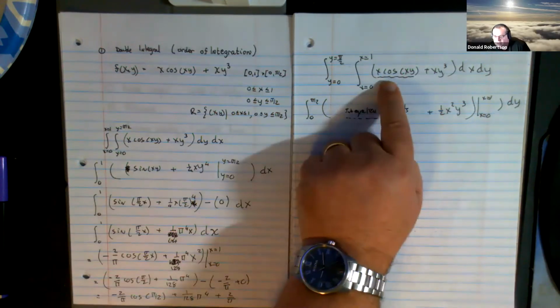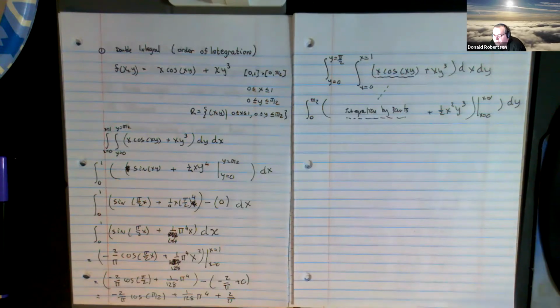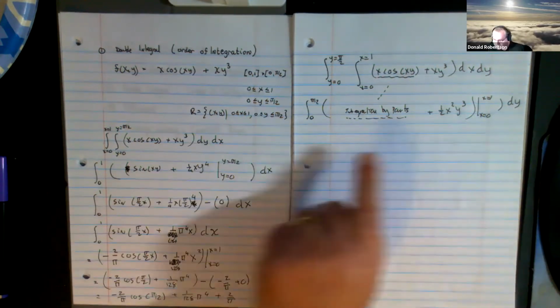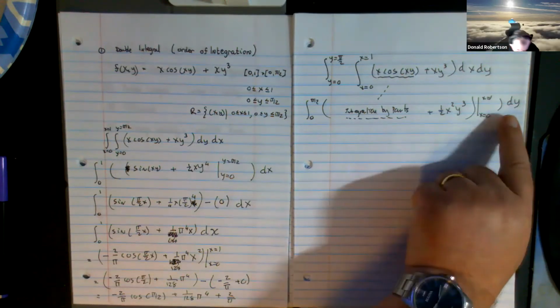Whereas if I chose to do it this way, can you see how ugly that is going to become? Or at least how much work is going to be involved in doing it. So in this particular question, doing the y's first and then the x's is less work than the x's first and then the y's.